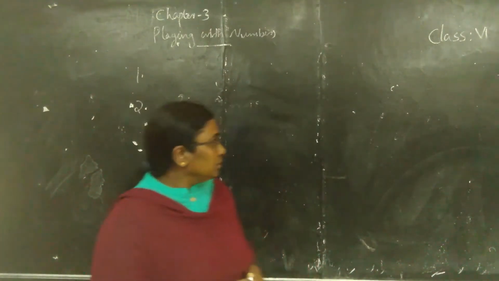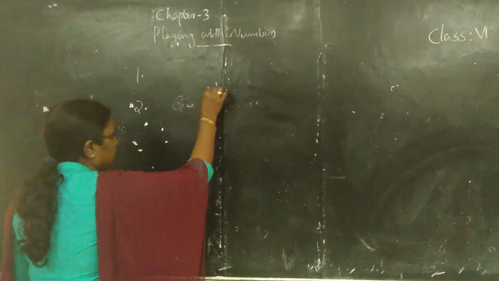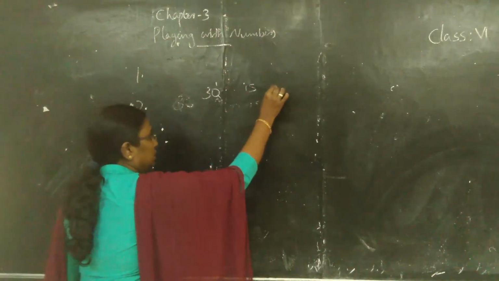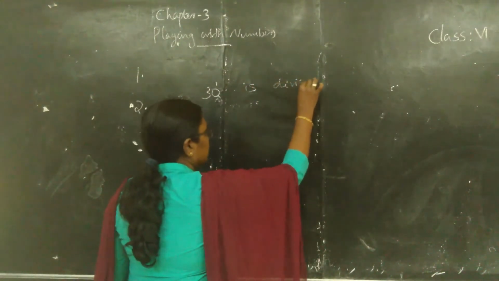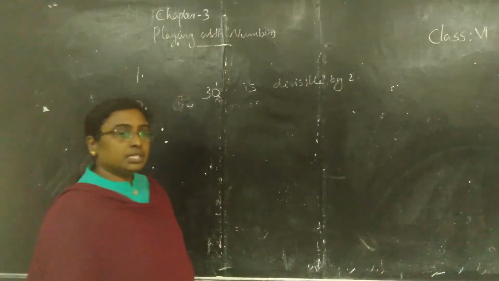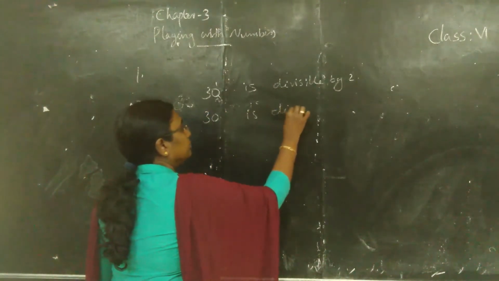Okay. Look here. 30, you know 30. 30 is divisible by 2. Isn't it? Also 30 is divisible by 3.